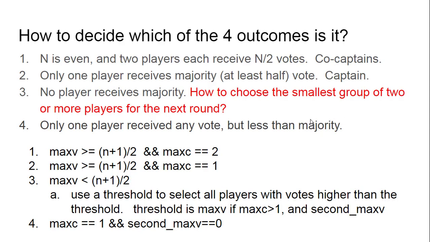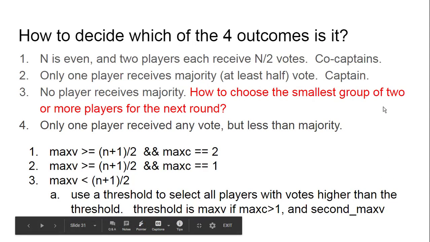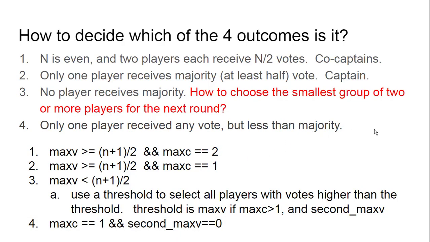The threshold value will be either maxv or second maxv. It will be maxv if maxc is greater than 1, so if more than 1 player received the most votes, we just take that group. If a single player received the max number of votes, then we need to use second maxv. That's why I keep track of second maxv. And as you can see, maxc is used in several of these conditions.